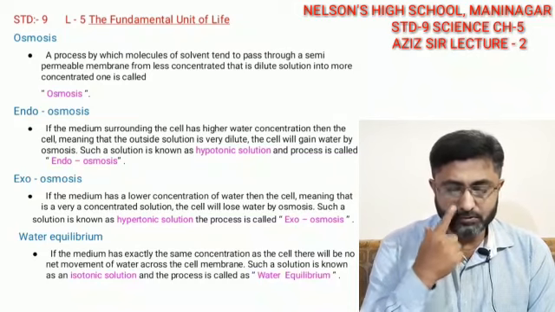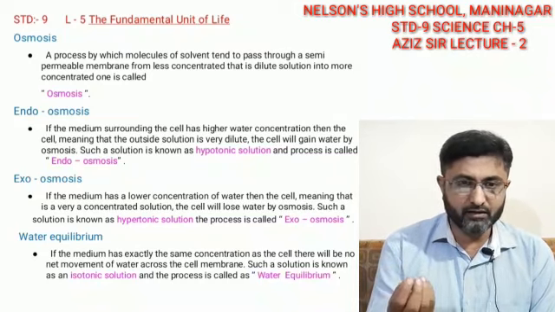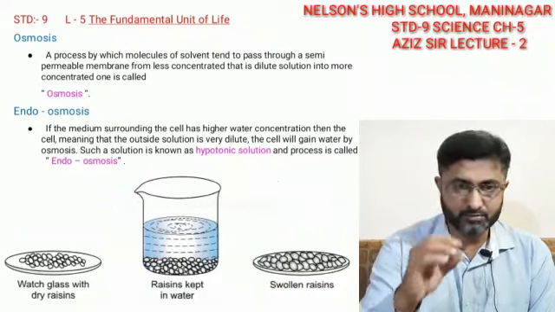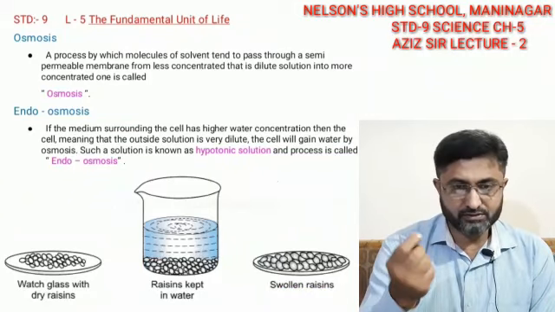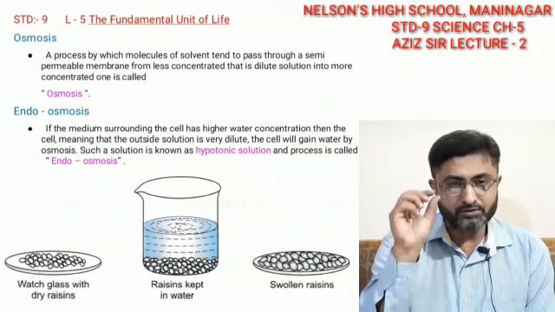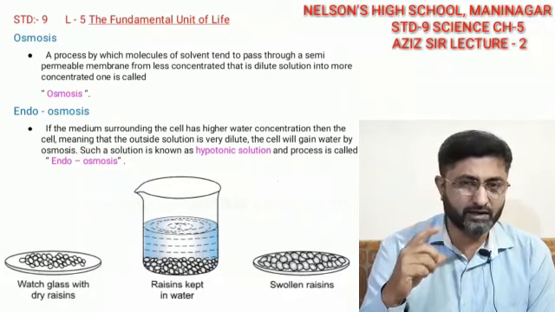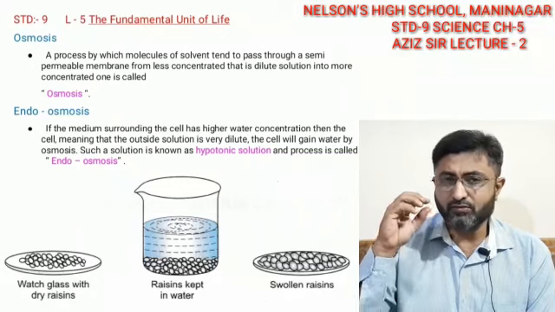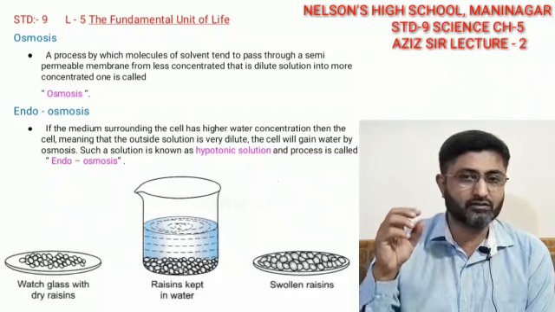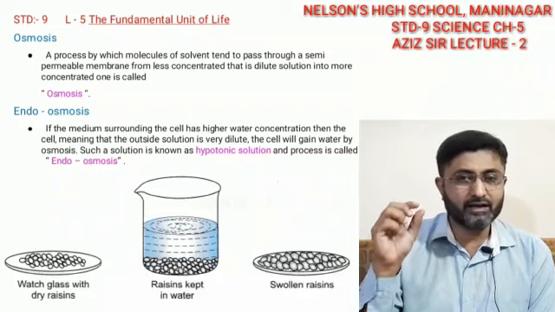Let me explain what happens with an example. Take a raisin, meaning dry grapes, kishmish. If you take a raisin and eat it directly, you feel it is very sweet by its nature. That means it is very dry, because it has very little water. It is a cell and has very little water.